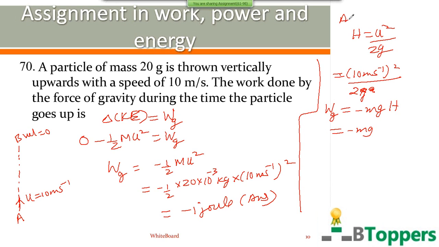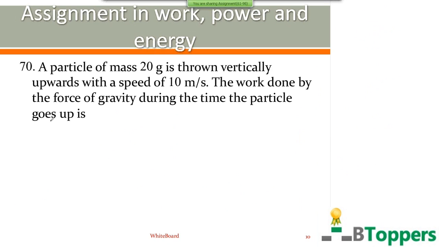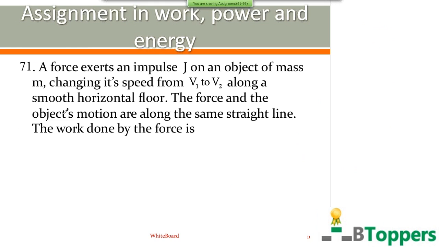This is the alternate method. With h equal to u square by 2g, you again get minus half mu square. That means you get the same answer after substitution and simplification. So for question number 70, first option is the answer.